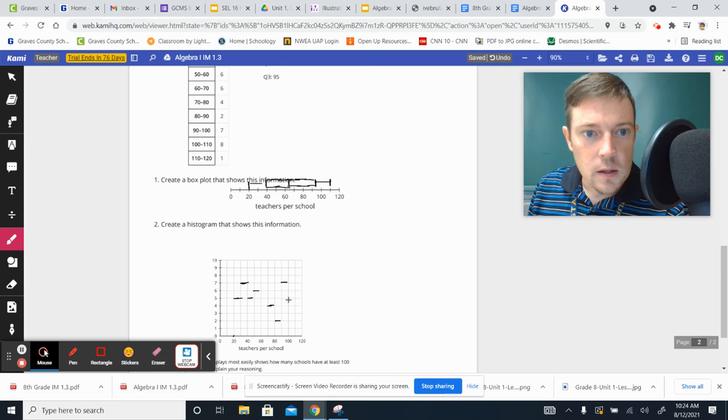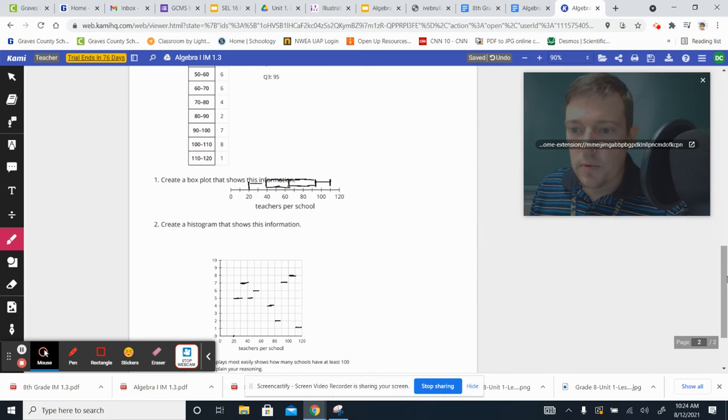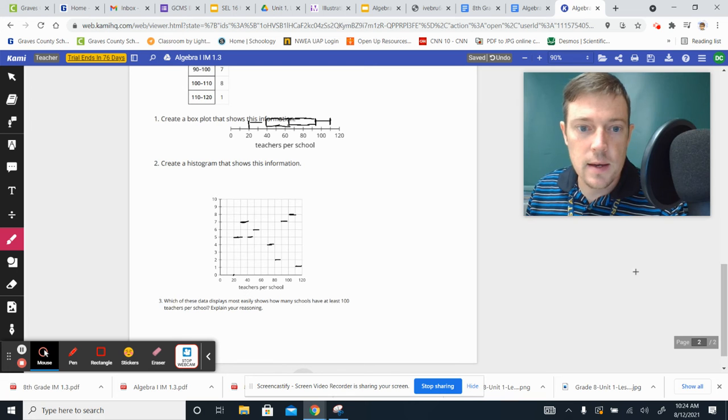And then 100 to 110 will be here. That's 8. That's a really large one. And then lastly, 1.